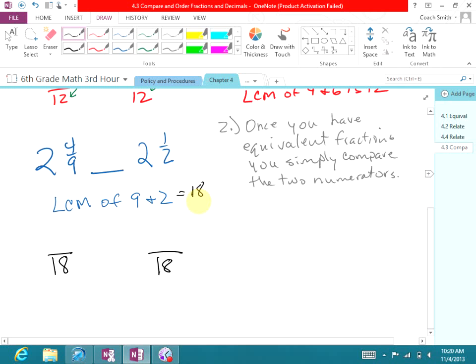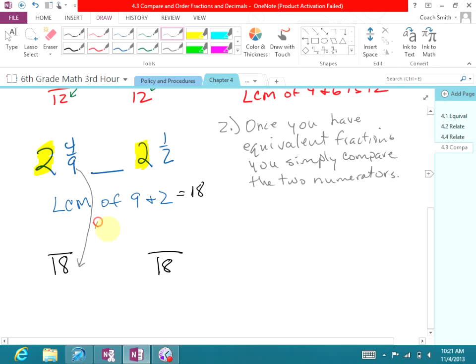Okay, now, the 2's don't really matter in this problem because they're both the same. So we already know that we have at least a whole number of 2 on both numbers. So we can't compare that because it's a tie. Okay, so we have to move to the fraction 4/9 and 1/2. So, then what did we do to 9 to make it 18? Jesse?